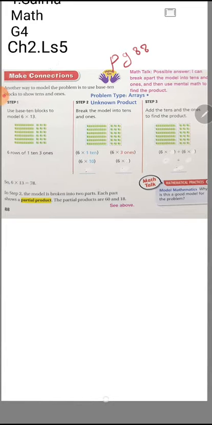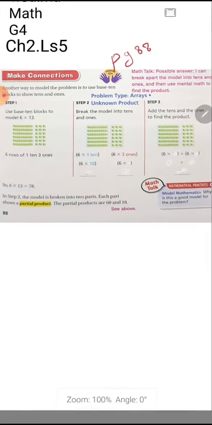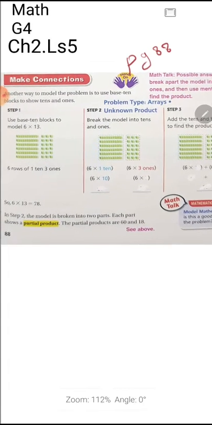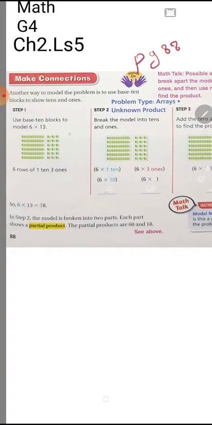So here I have 13, and I have 3 in the ones digit and 1 in the tens digit. So I will draw right here. I will make it closer for you. And see here, I will draw 3 small cubes and 1 long, because I have 3 in the ones digit and 1 in the tens digit.